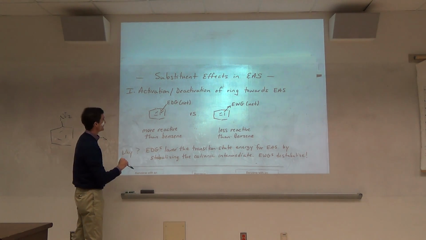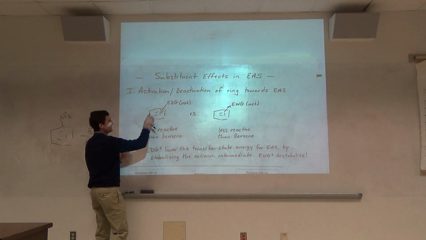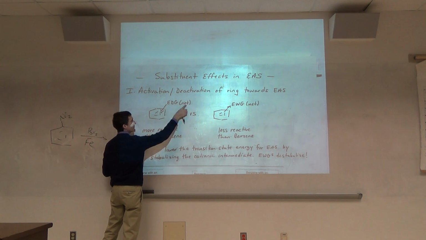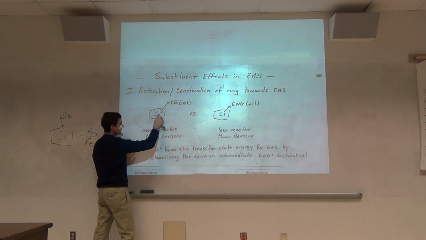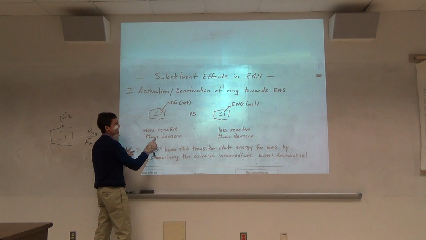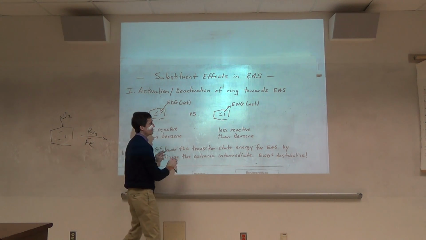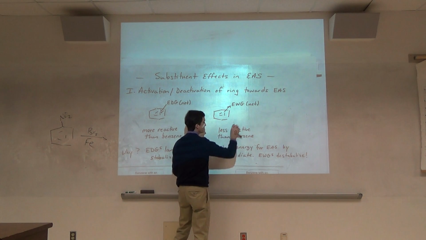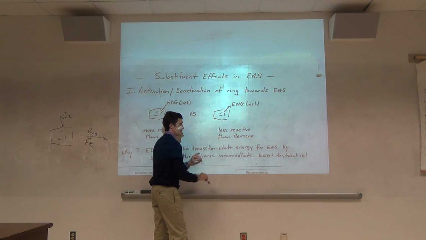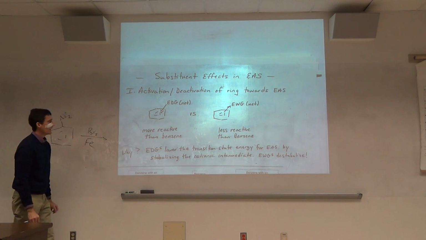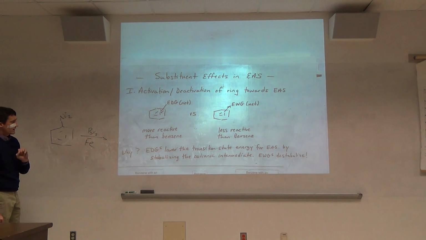So let's introduce this. Basically, if you have a net electron donating group on your ring, it's going to be more reactive than benzene. If you have a net electron withdrawing group, it's going to be less reactive than benzene. But why?